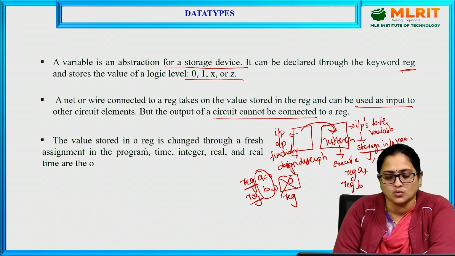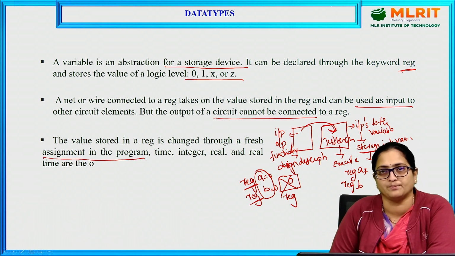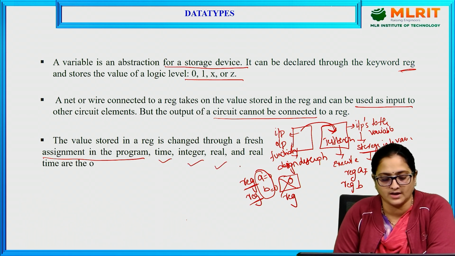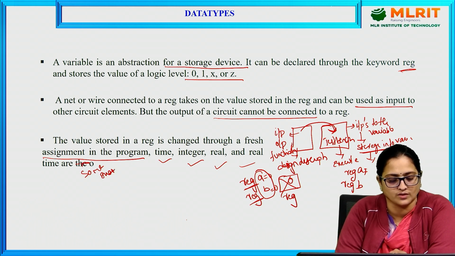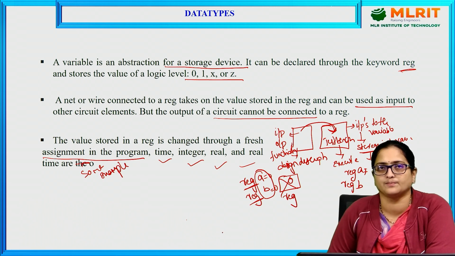The value stored in the register is changed through a fresh assignment in the program. Some examples are time, integer, real and realtime, or some examples which we can use here to declare the data types.